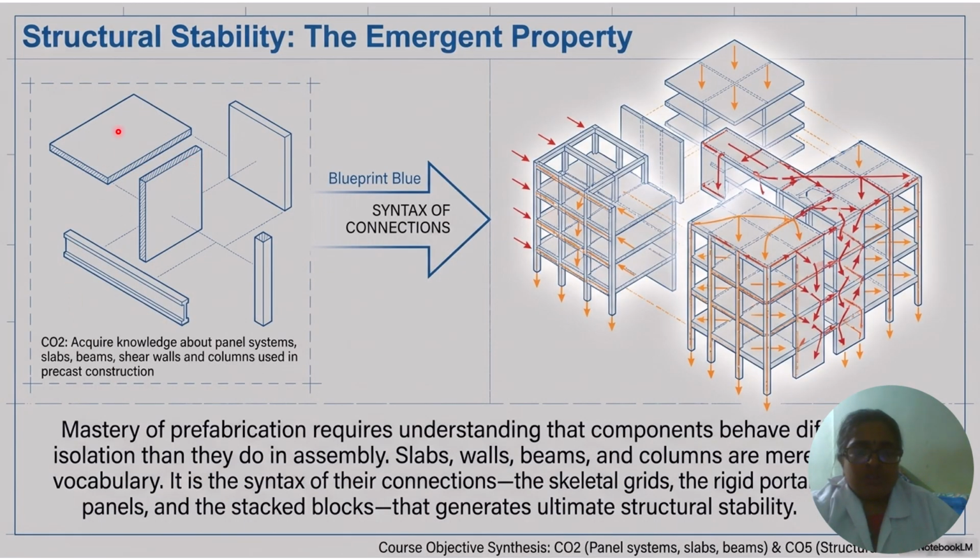So the structural stability, which is the emergent property in prefabricated components: prefabrication requires understanding that components behave differently in isolation than they do in assembly. Slabs, walls, beams, and columns are merely vocabulary.